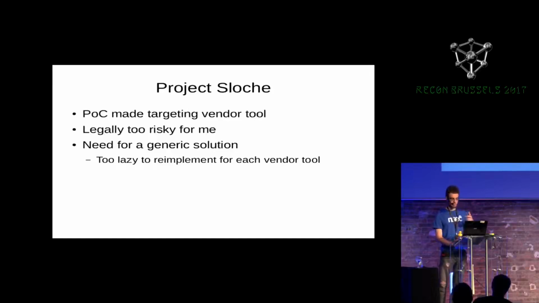So this is what is supposed to be the thing that does the reversing. So first off, it was a proof of concept made targeting vendor tools, as I said. But then I got employed by a major FPGA company. So it just got way too risky for me to leave it out on GitHub.